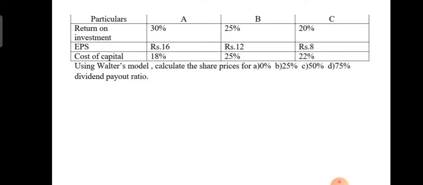Next, market price P is equal to D plus R, which is 0.25, into E minus D, that is 12 minus 0, divided by K, cost of capital also 25%, so 0.25, then divided by 0.25.